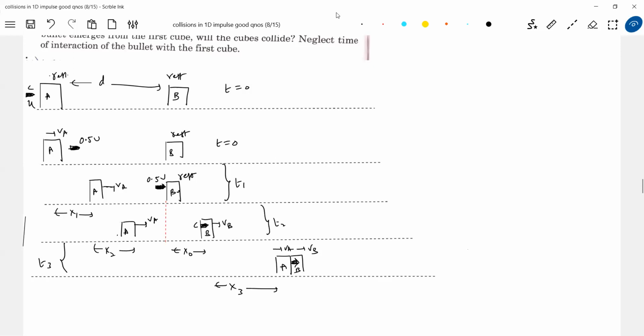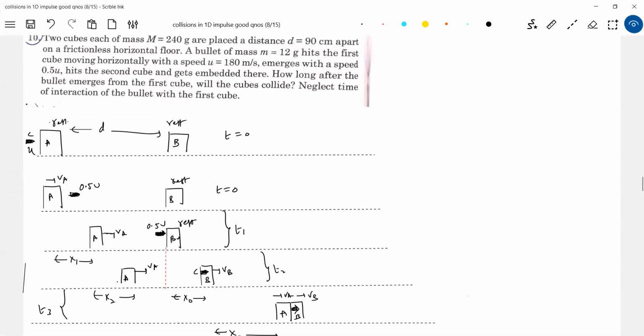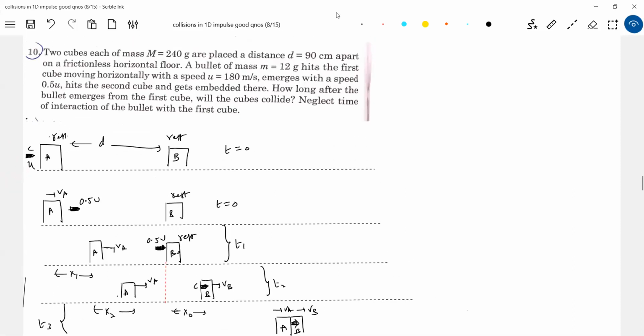Time taken by block A to move from this position and collide with block B. So these are the times we have to calculate, and that's what he's asking: how long after the bullet emerges from the first cube will the cubes collide?